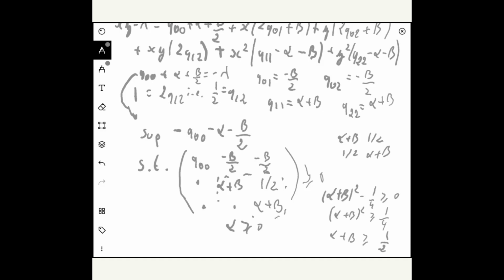And so yeah, we have alpha plus beta being superior to 1 over 2. We know alpha is superior or equal to 0, so we fix it as 0. And because we want to minimize, we want to minimize minus alpha minus beta to reduce the sum. So we just take it at 1 over 2.